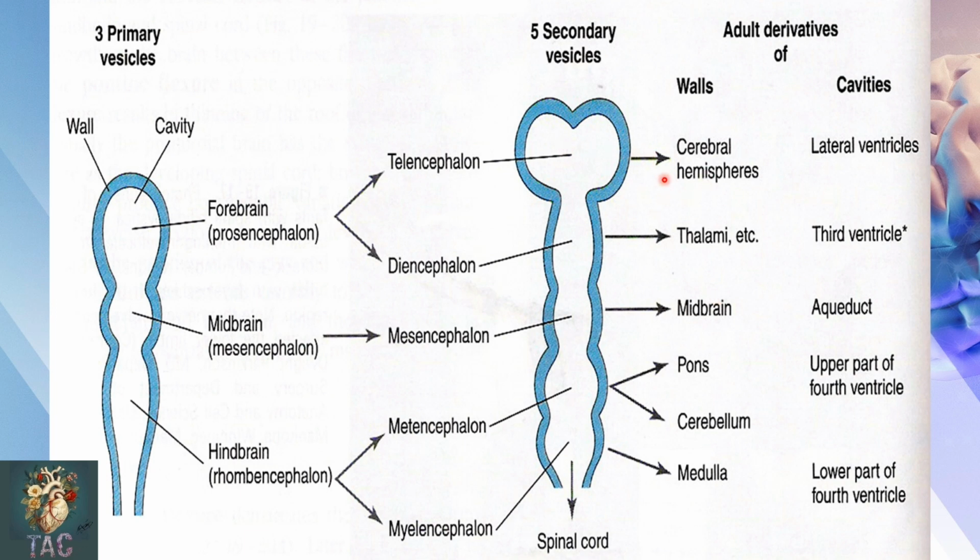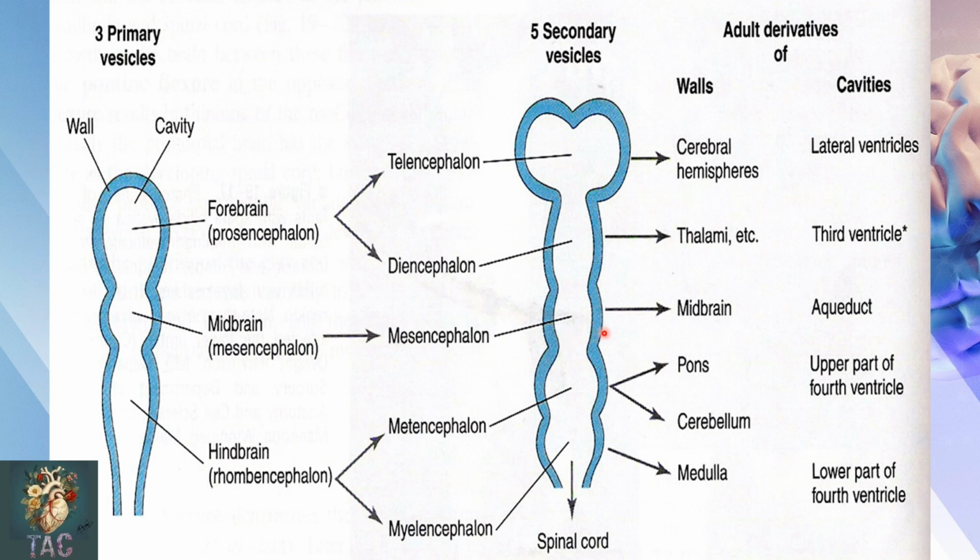So the telencephalon will form the cerebral hemisphere, and the cavity of the telencephalon is called the lateral ventricle. The diencephalon will form the thalamus, the hypothalamus, etc., and their cavity is called the third ventricle.